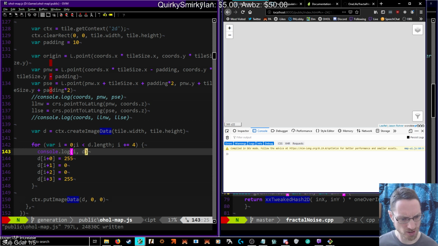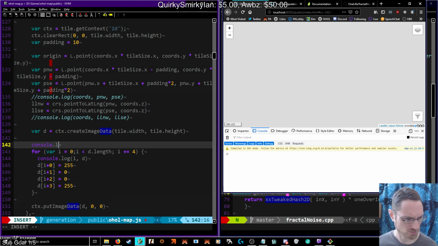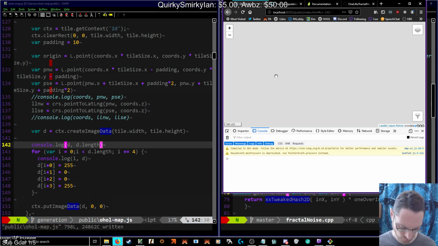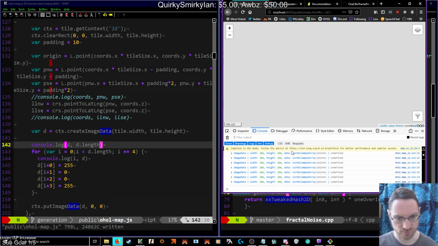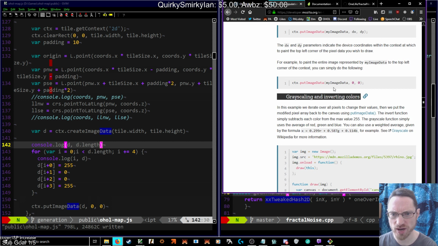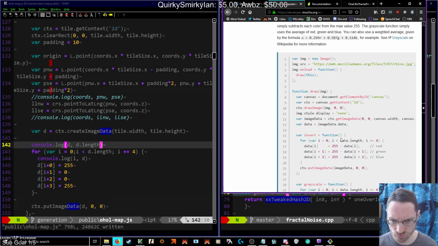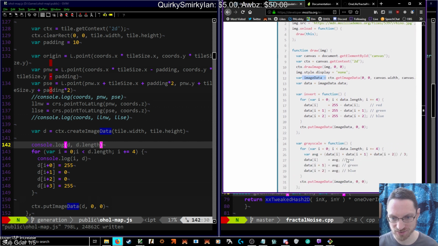So we were drawing before. Is length 0? Oh, okay. Sure. Oh, for every tile. But its length is undefined, so I don't know where they're getting... Oh, wait. There's the image data object.